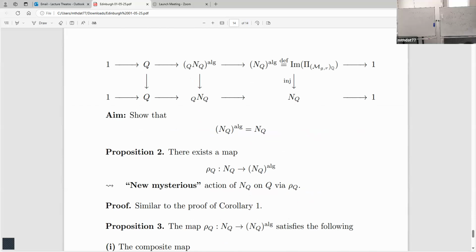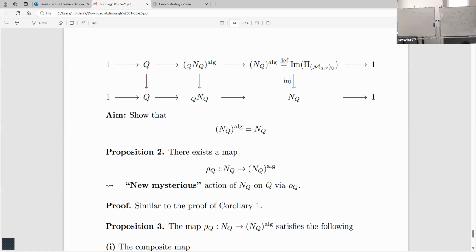So one has this NQ, and inside NQ, one has the algebraic part, which is the image of pi mgr q. And what we want to show is that these two are the same, right? Because we want to show that the pi mgrq maps surjectively onto out F. What happens is that one gets a map rho q from NQ to NQ algebraic, which is similar to the corollary that I stated previously.